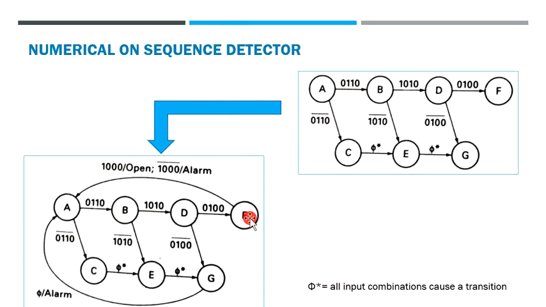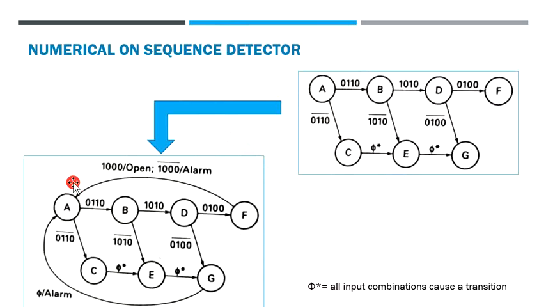that is the fourth string, is correct, then the output open is generated and the machine will start searching for the initial condition. That is, the state changes from F to A. If it is incorrect, then the output alarm is generated.